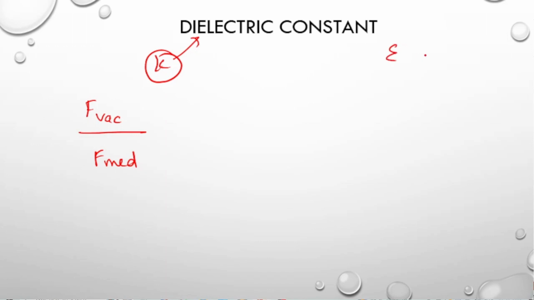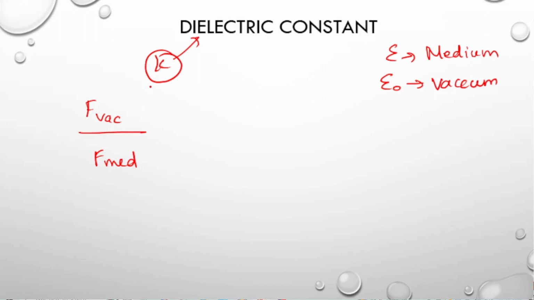You have epsilon and epsilon naught. Epsilon naught is the permittivity in case of vacuum. Epsilon is the permittivity in case of medium, right?